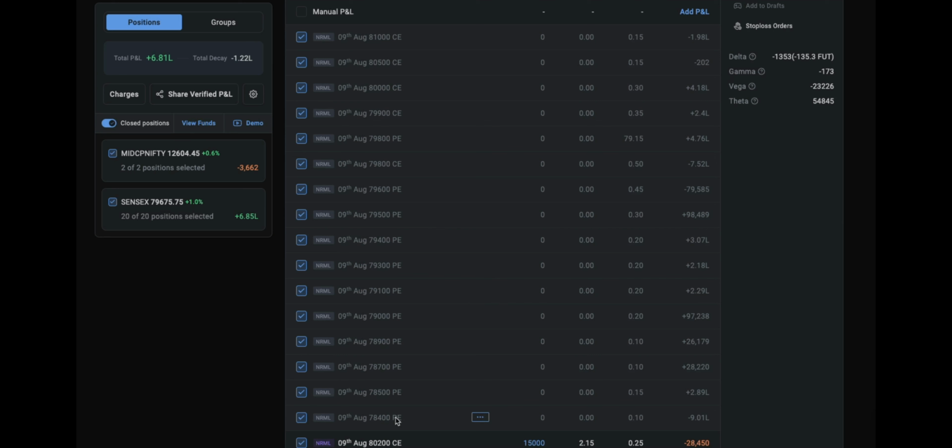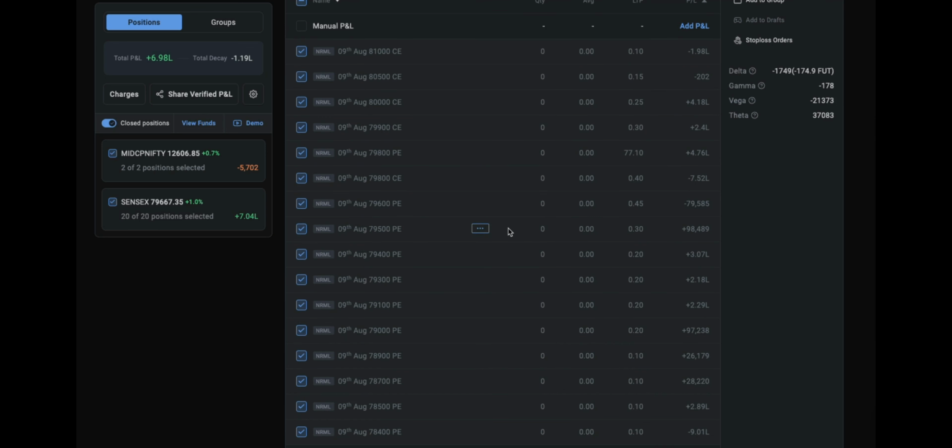This hedge, 79400 PE hedge, also went into about 9 lakhs losses, while I had a 78500 PE, which were all accumulated next to each other. So while it gave about 2 lakhs profit, it got into 9 lakhs loss, and combined, overall I was into close to 13 lakhs losses.